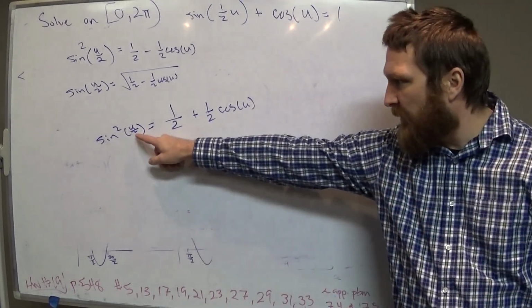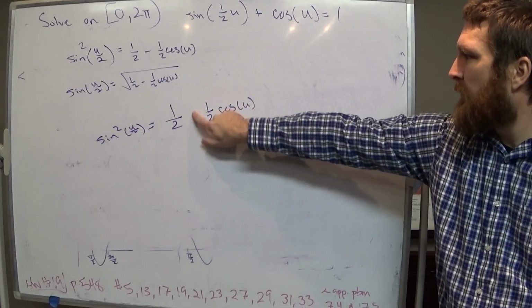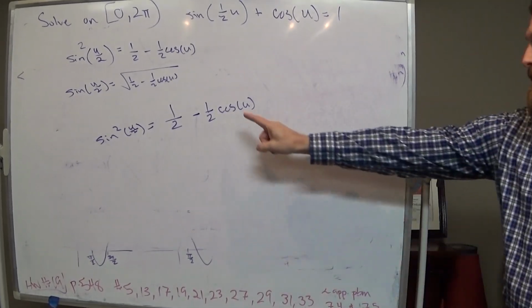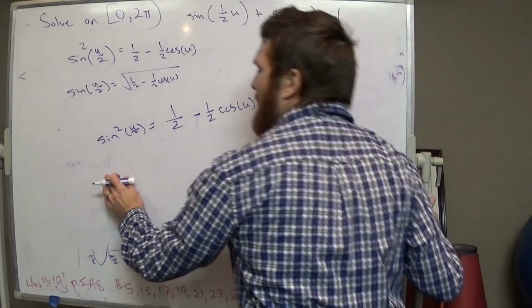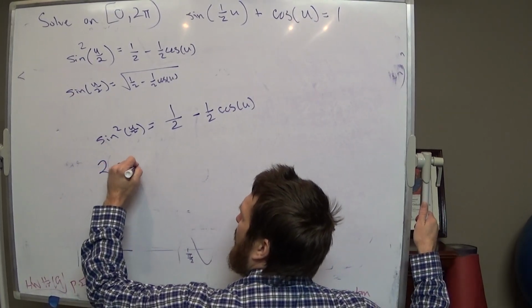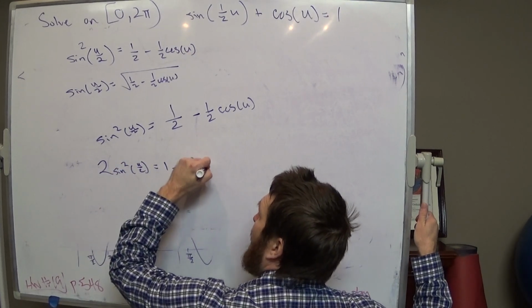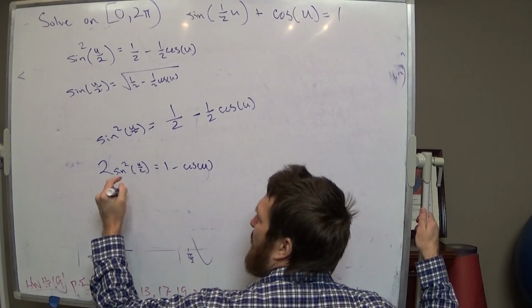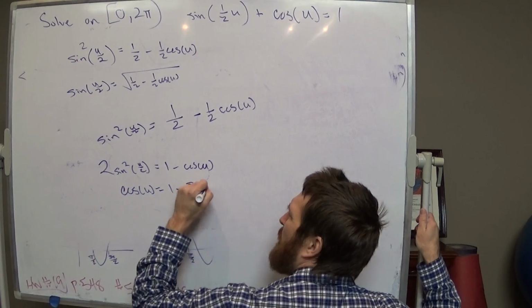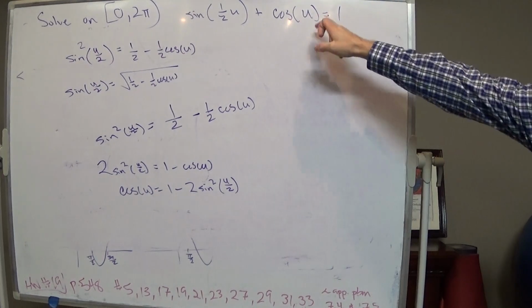I double the input, bring the power down, minus. There you go. And so since that's the case, and there's the formula, this is how I did it, right? But the formula would be this. So then this is cosine u equals 1 minus 2 sine squared u over 2. Just like that. And we pop that guy in there.